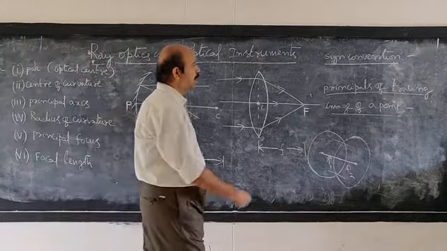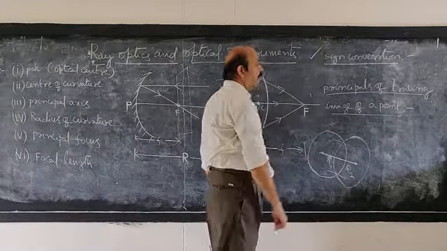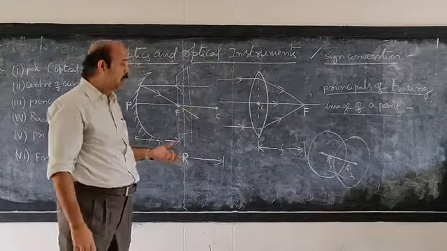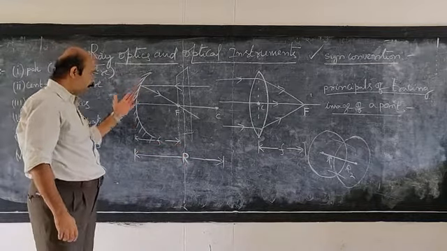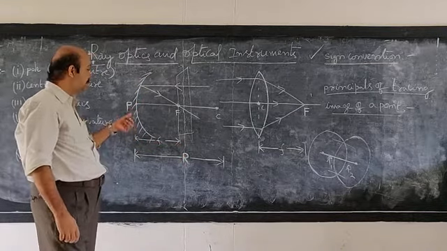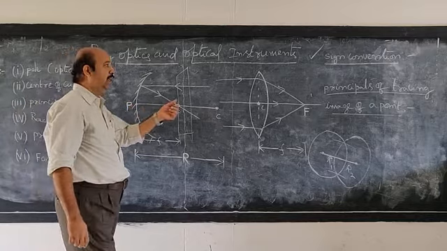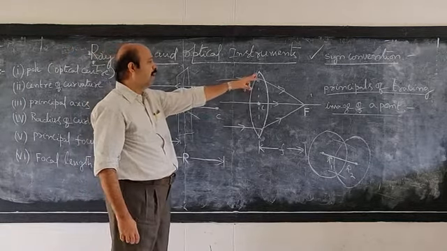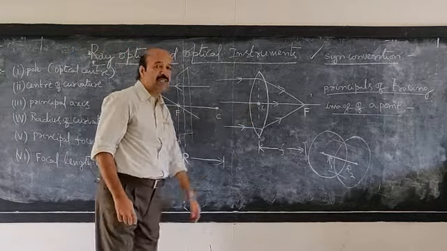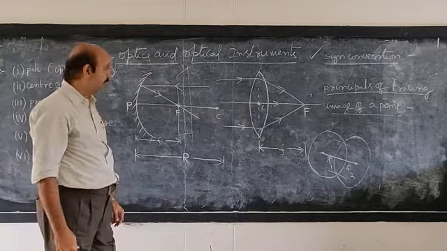Then another thing is the sign convention. While measuring distances, in the case of a mirror, we measure all the distances from the pole, and in the case of a lens, we measure all the distances from the optical center.